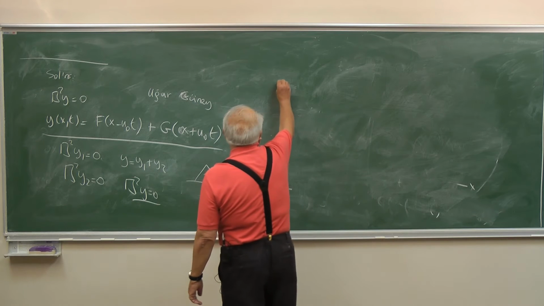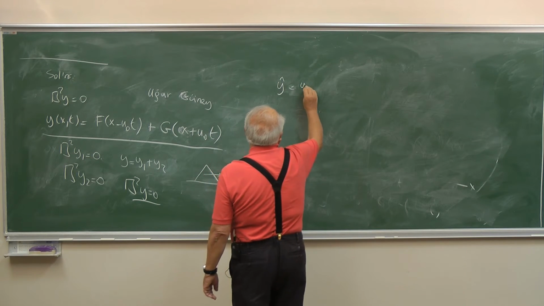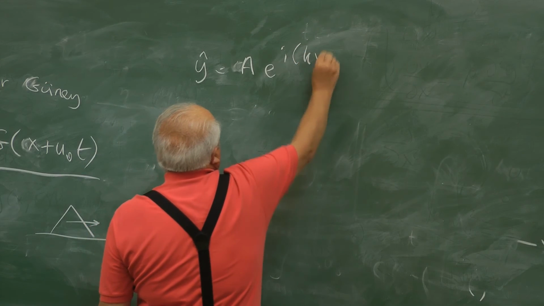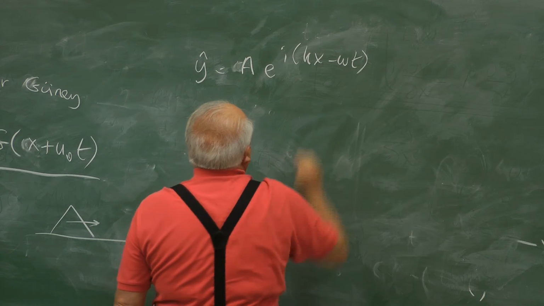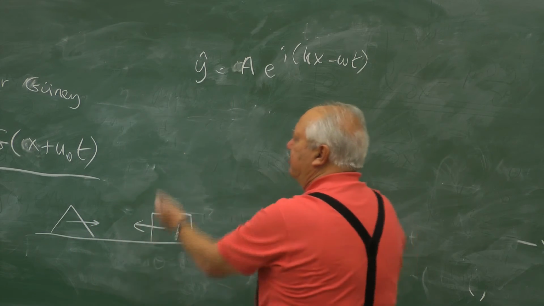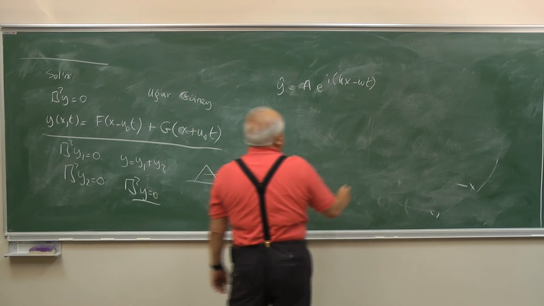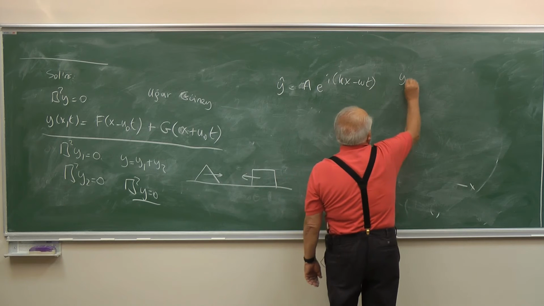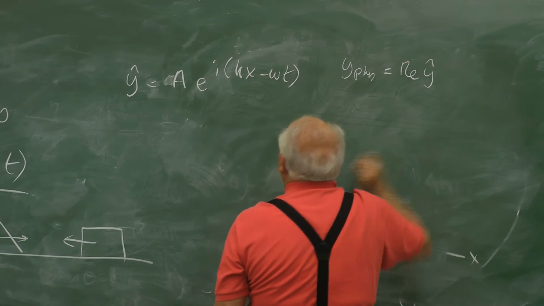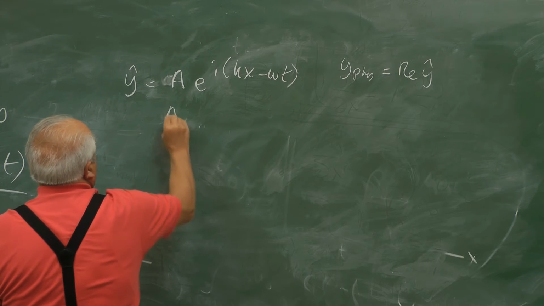So suppose we write the solution as some A e^(i(kx minus ωt)). Of course, this is a complex thing. How can it be realized on a real string? The physical solution, y physical, is the real part of this complex y. And A also may be complex.